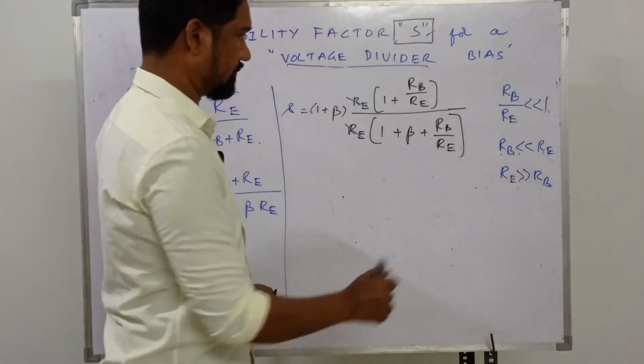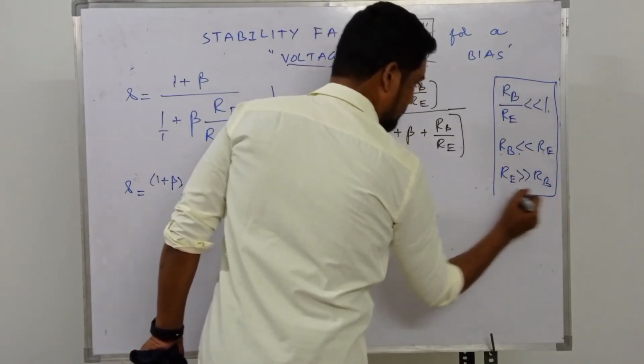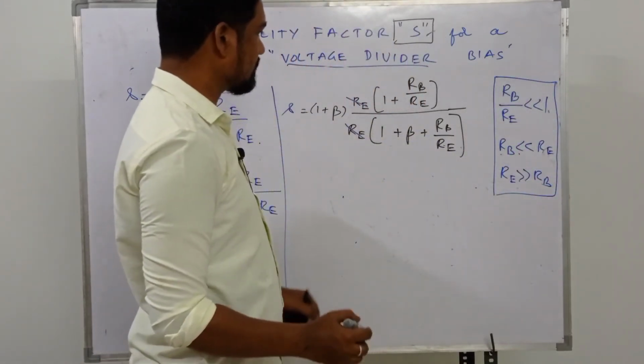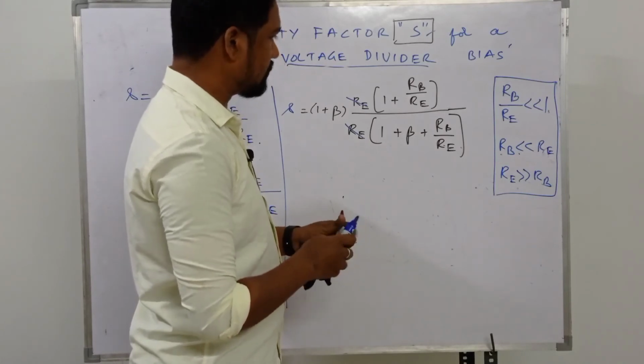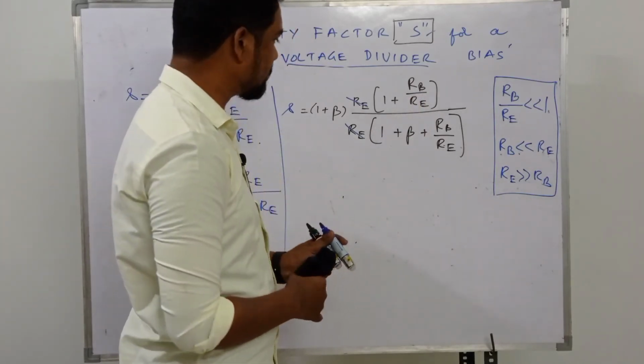If we could select the values of resistances in such a way that this condition meets, now this ratio will be very small. Yeah, that ratio will be very small.